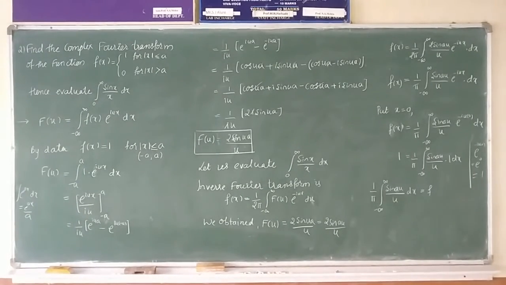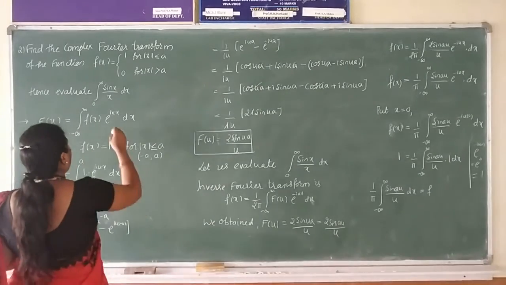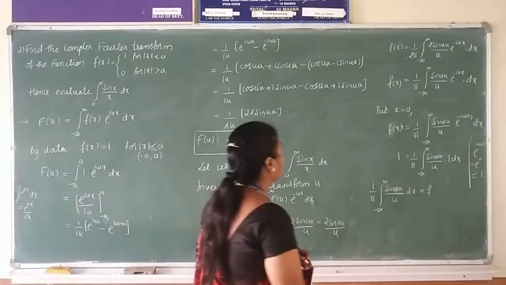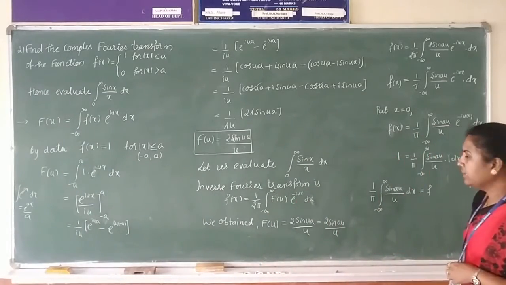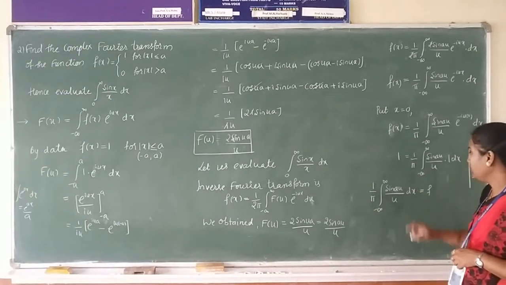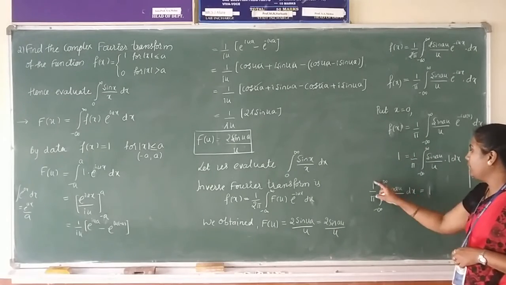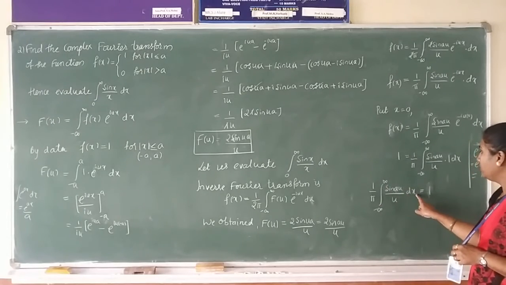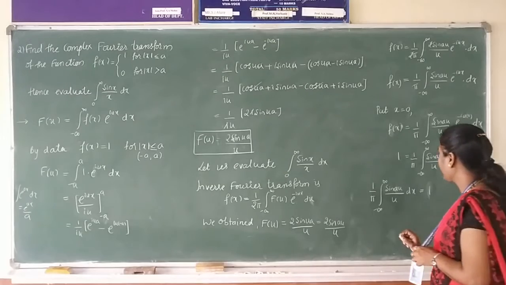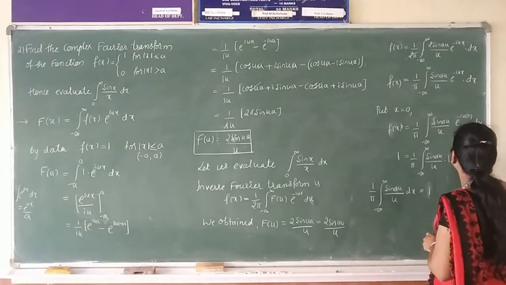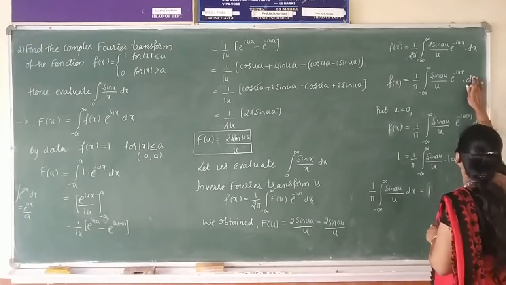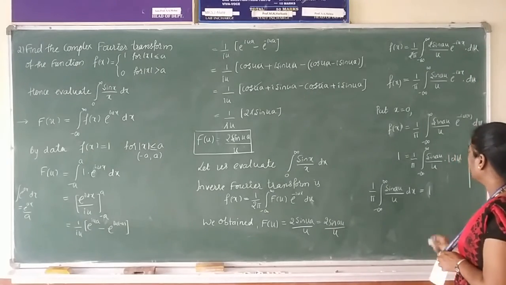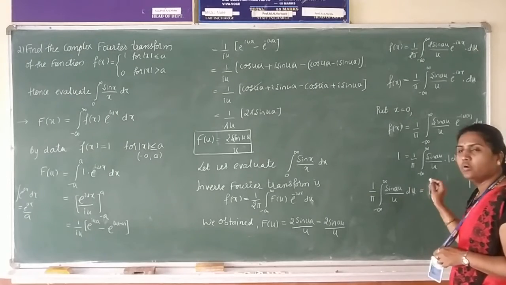Because you can see here we have taken f of x equals 1; there is no x term, so you can't put x equals 0. Therefore f of x here is 1. So 1 by pi integration minus infinity to infinity sin au upon u into du is equal to 1.